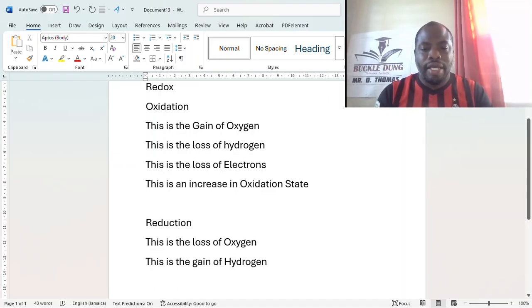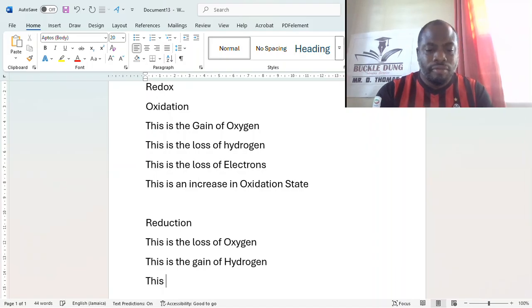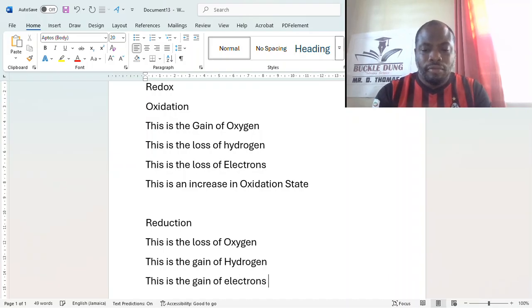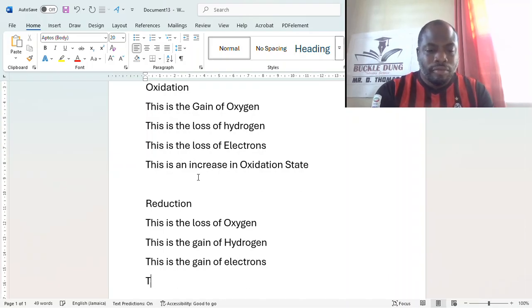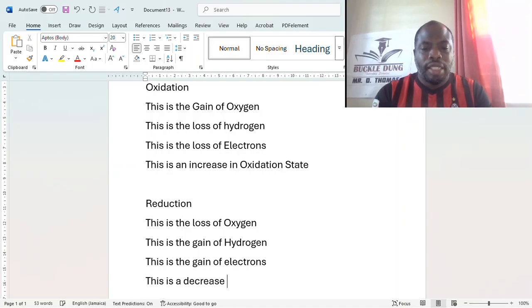This is the gain of hydrogen. This is a decrease in oxidation number or state.